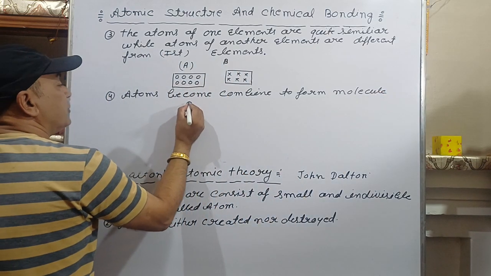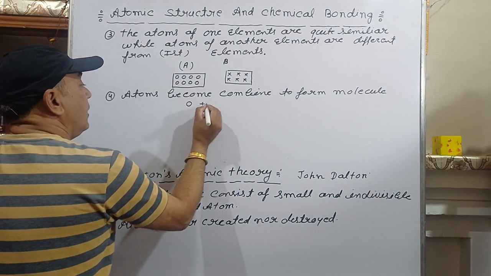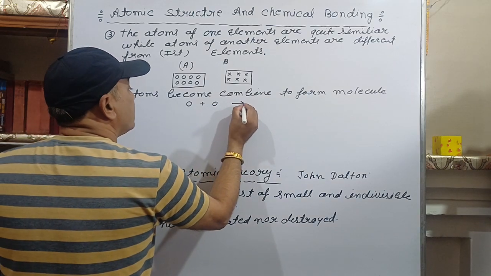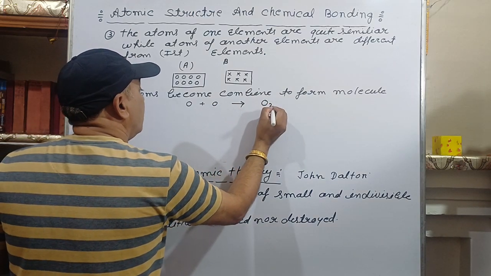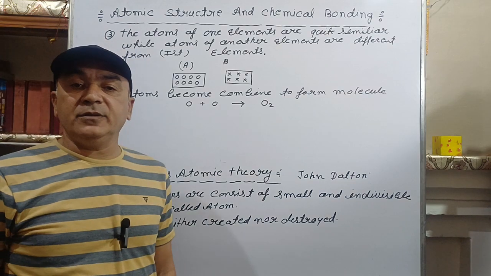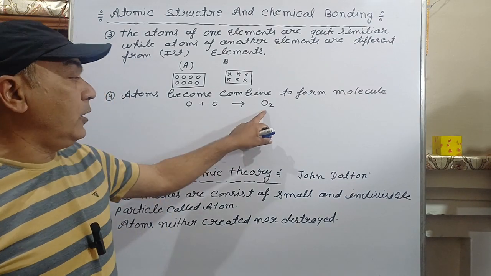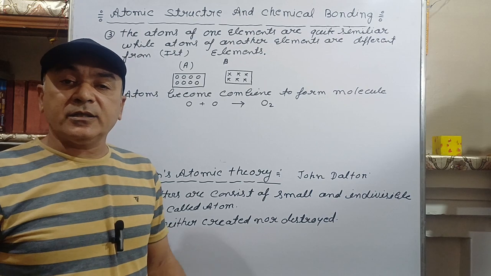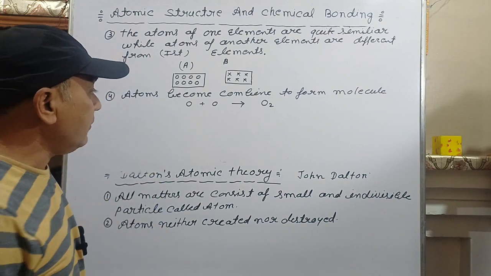For example, an oxygen atom plus an oxygen atom combine to form an oxygen molecule, and the number of atoms present in one molecule of oxygen is called atomicity.